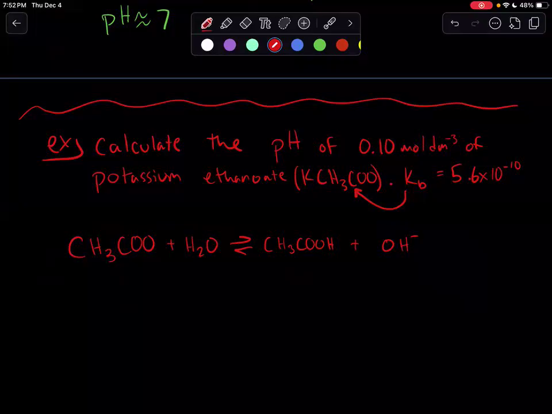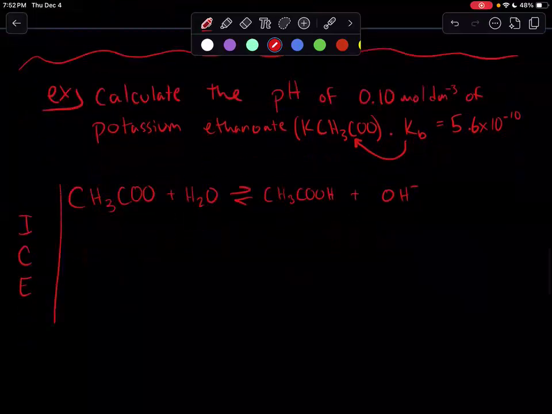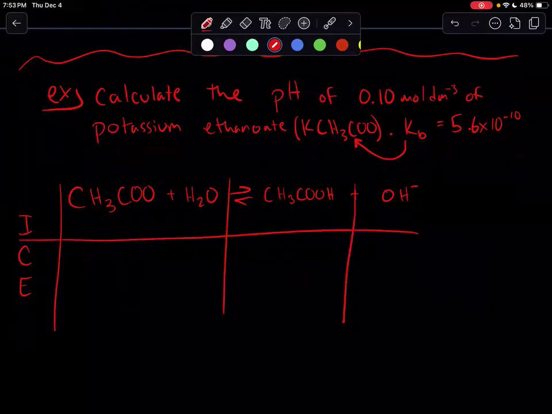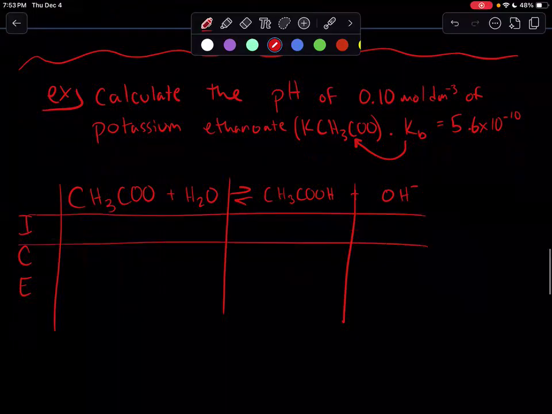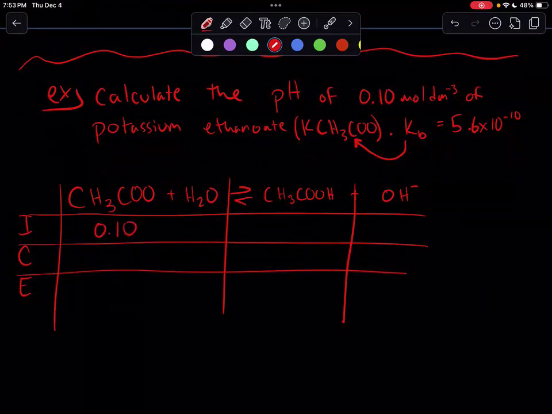Checking to make sure it's fully balanced, and it is, I'll turn this into an ice table. This is an equilibrium, which means it's always a good idea to do an ice table. I know I start with 0.10. I'm going to lose some value x, and I will end up with 0.10 minus x.